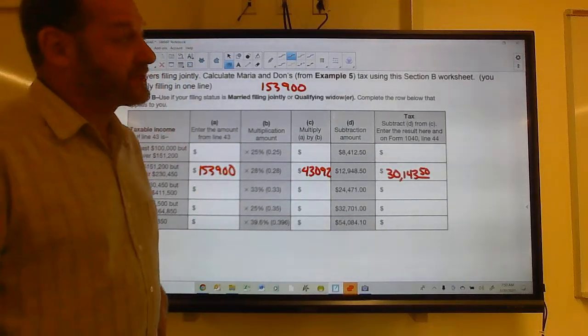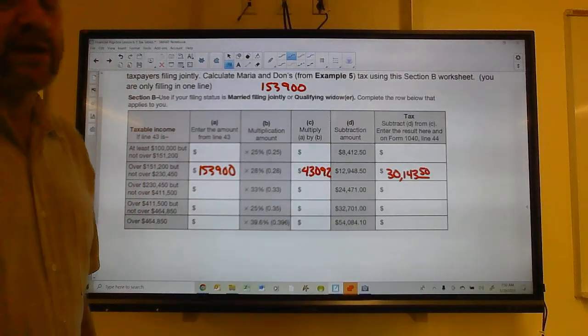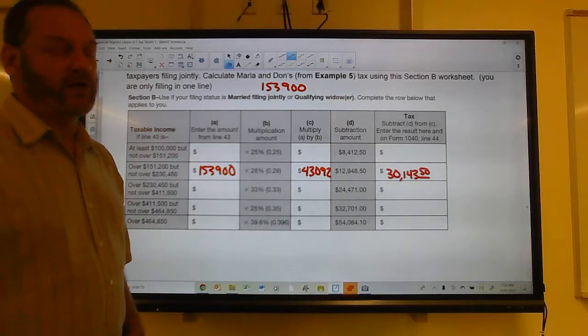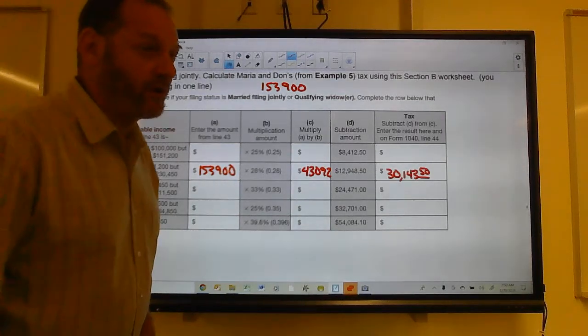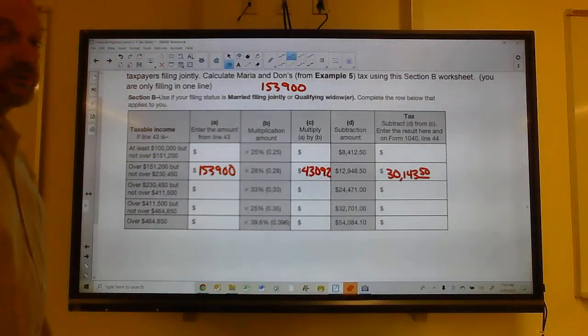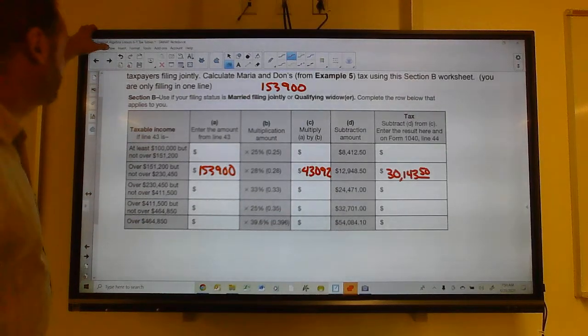And then I think it's September 15th for the third quarter. And then you're supposed to make a payment in December or January 15th for the fourth quarter. And then you have to file your taxes again in April. So you've got to reserve money for that.